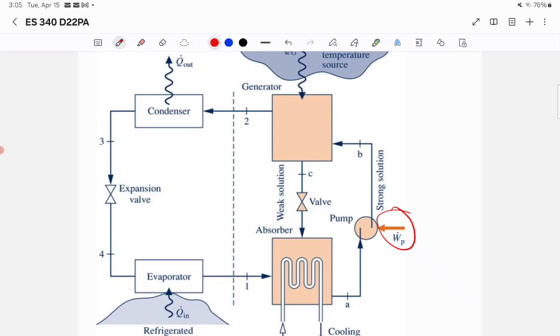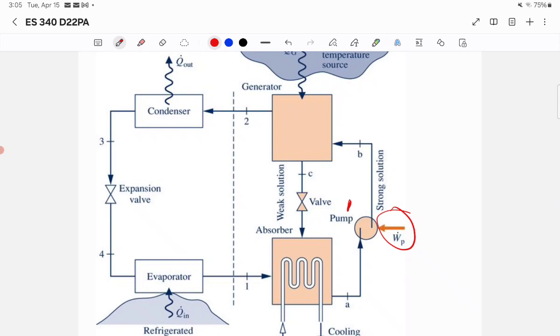So the basic idea is that it absorbs the refrigerant when they're mixed together in order to make a liquid solution. And the liquid solution can then be pumped, which is where the work is going to be done. Here, you can see the pump here.